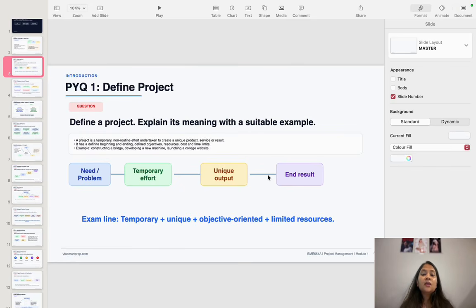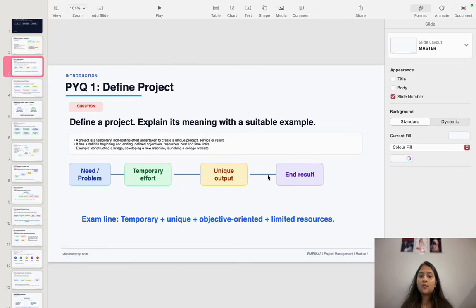Temporary means every project has a definite starting point and ending point, whereas unique means the output is different from regular repeated work. So remember the keywords temporary and unique.